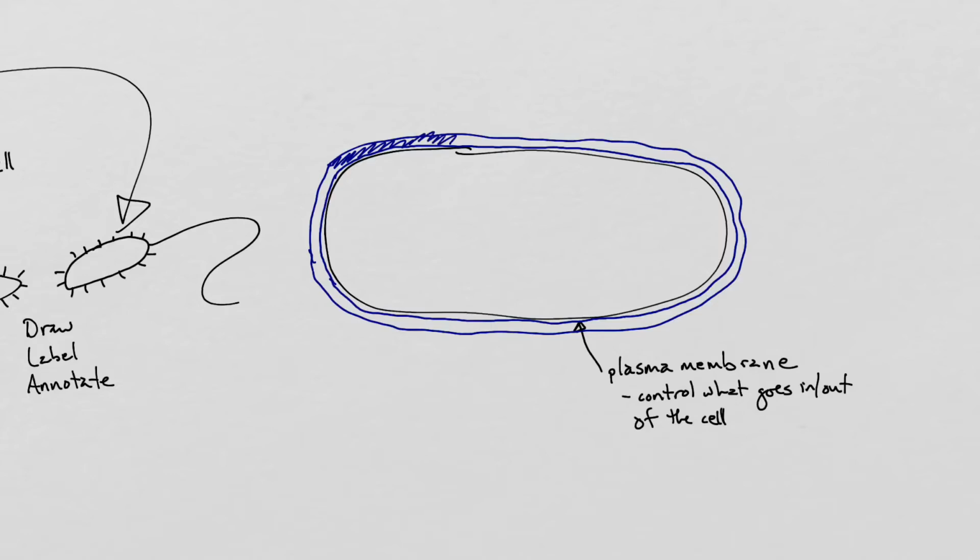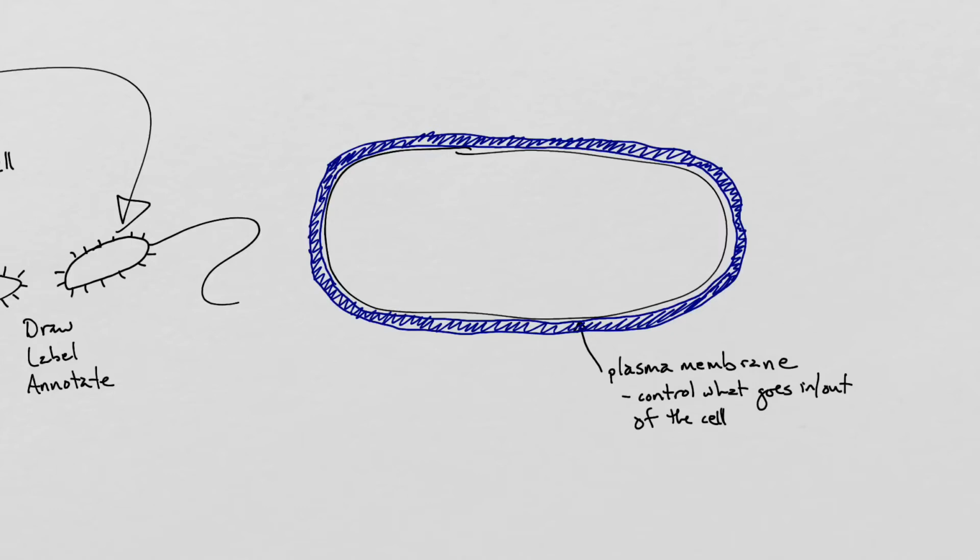I'm going to give it some shading just so that you can see that it's different from the plasma membrane. Make sure that when you draw this, it's really clear to see that the cell membrane is on the inside of this cell wall, and the cell wall is all around the outside of the plasma membrane.